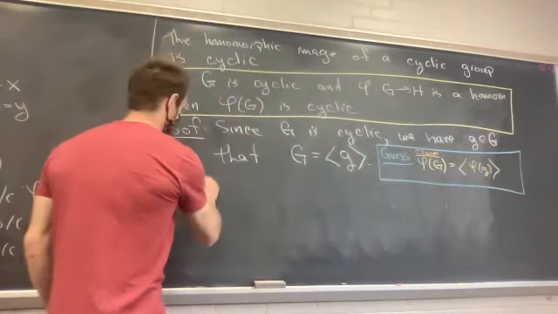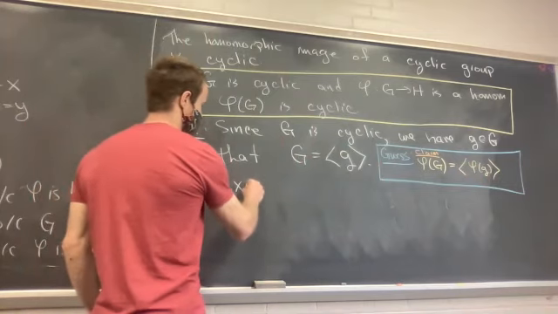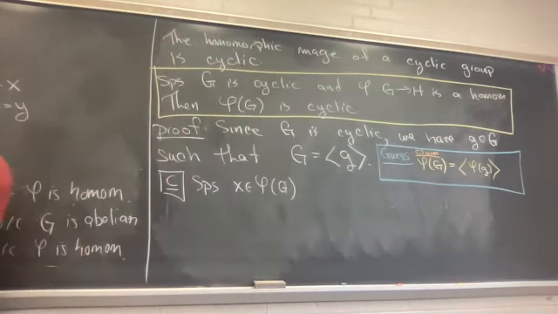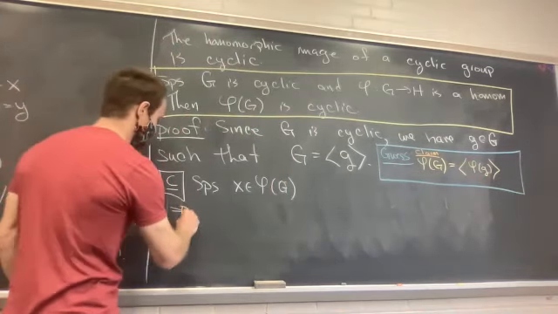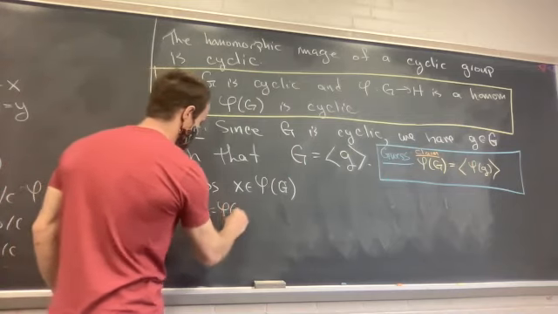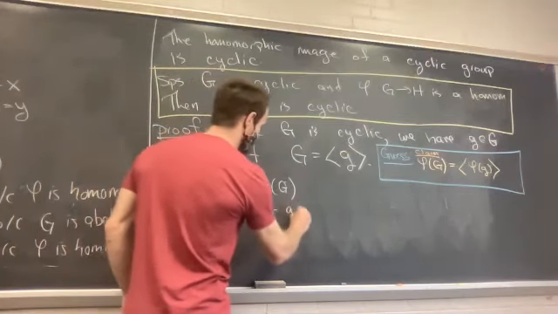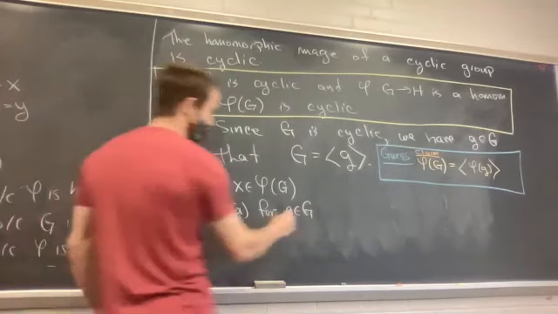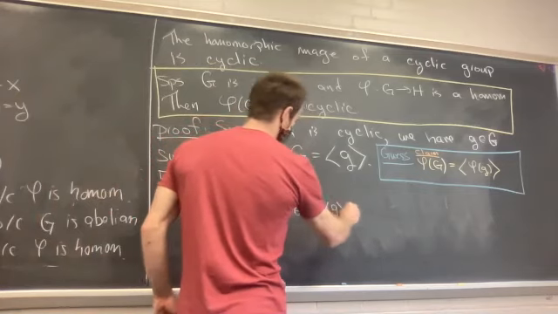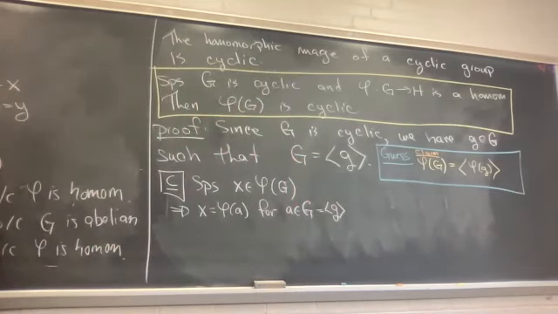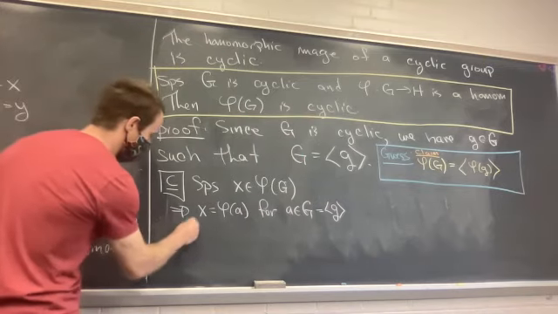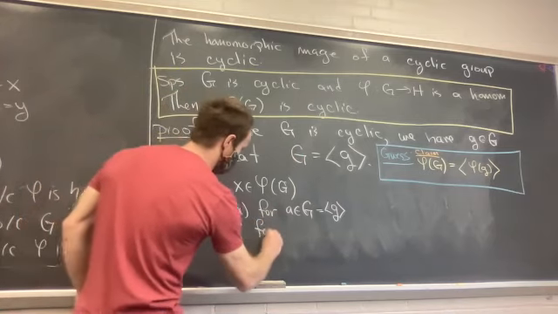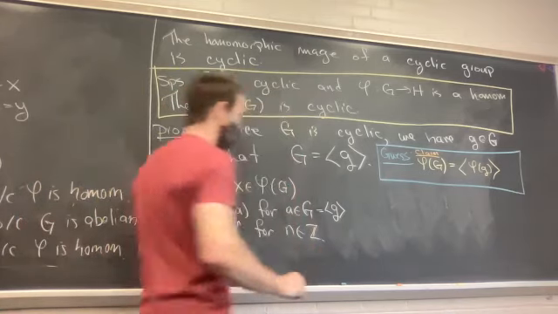So let's suppose that x is in phi of G, right? But then that means that x equals phi of little a for a in G. But we know that G is generated by the element little g, which tells us that a equals little g to the n for n in the integers, right?